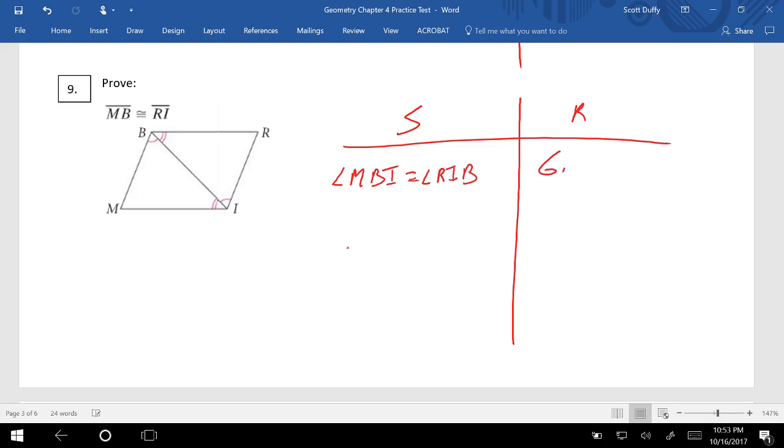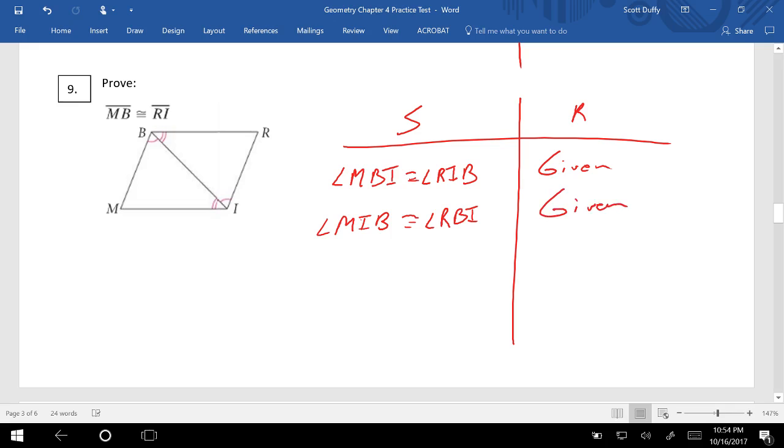And that is given. Then I'm going to say that this angle, we'll call it MIB, is congruent to this angle, we'll call it RBI. That's given.